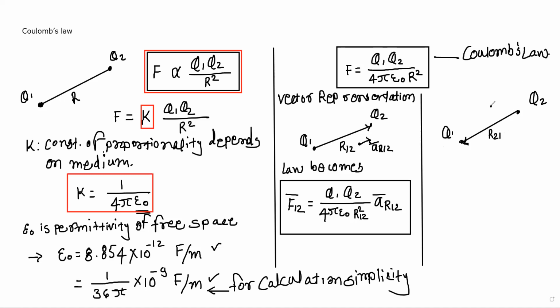And in that case, the unit vector would be a bar r21. Hence the force F21, the force on Q1 because of Q2, is equal to q1 q2 upon 4 pi epsilon naught r21 squared into a bar r21.